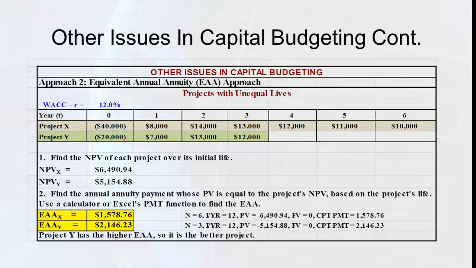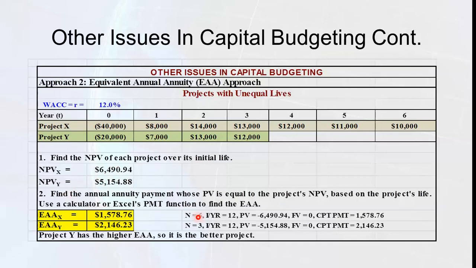What you do here is find the net present value of both of these projects without extending. Find the NPV of both projects using the NPV function in Excel, or using a financial calculator.